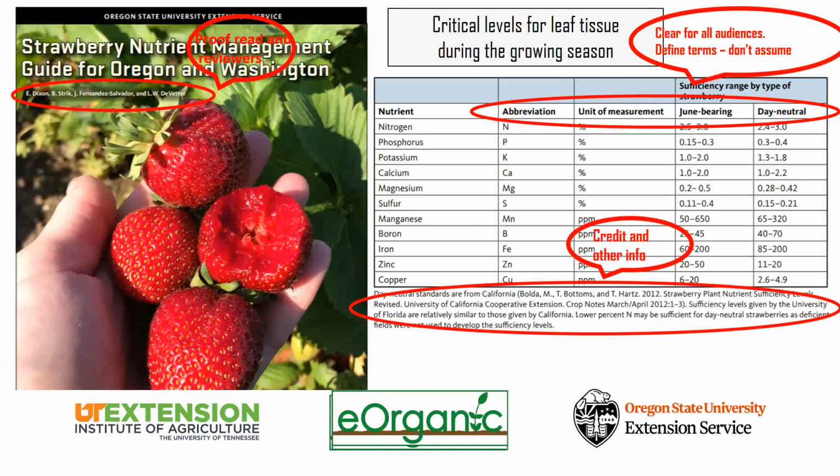And then, again, this is something that I really want to mention too: proofread and have multiple reviewers of your publication. So not only an audience that is completely familiar with what you're writing, but in this case, we submitted the publication to a couple of organic growers that have never produced strawberries.